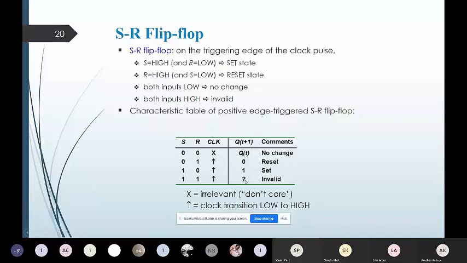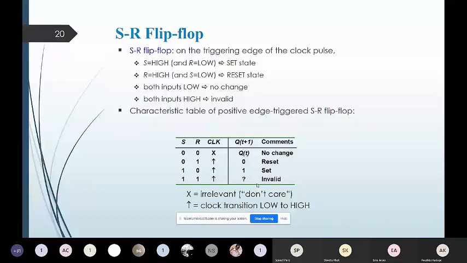So the table in which we indicate the input value combination along with the enable signal or the clock signal, and comment on the next state value of the flip-flop, is said to be the characteristic table. In combinational circuits, we listed all possible input combinations and the corresponding output, and that table we named a truth table.